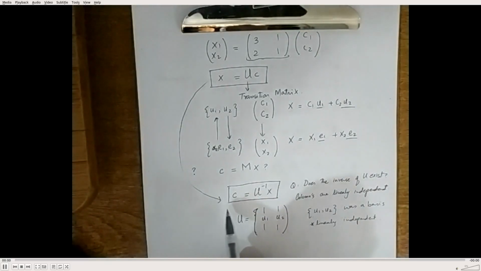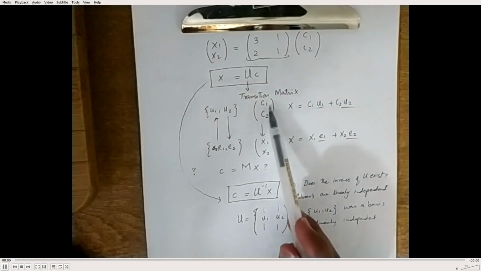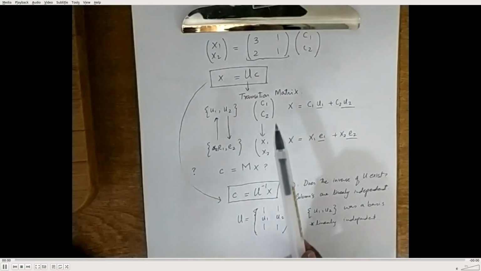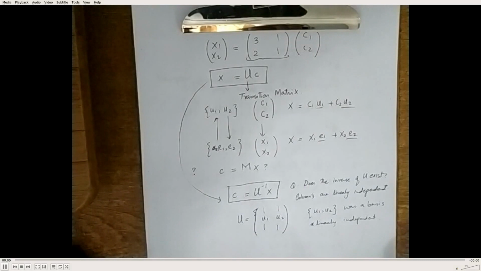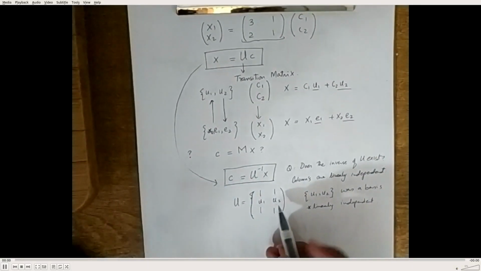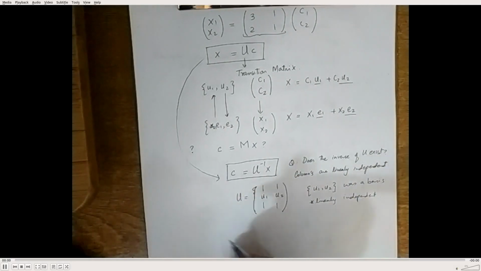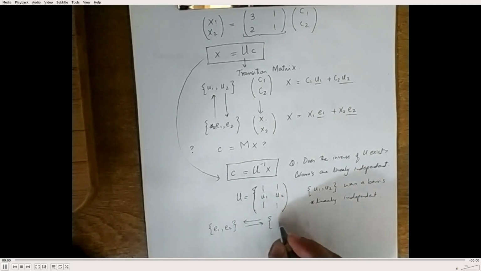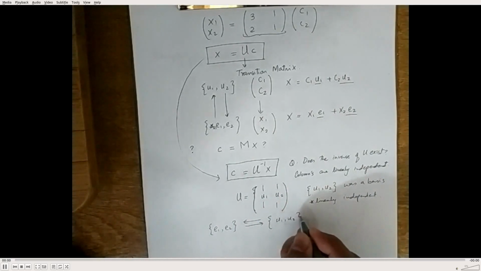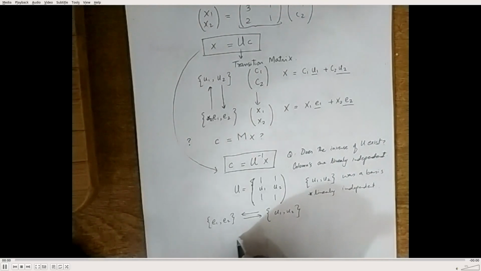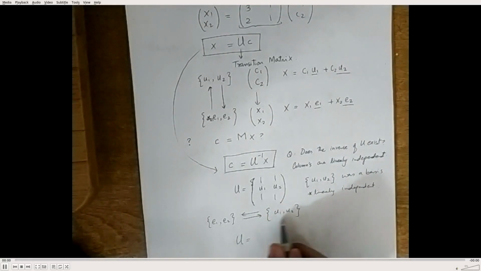And so you have a way to now go from coordinates C1, C2 to x1, x2 and x1, x2 to C1, C2. All you need to find is matrix U. You had this non-standard basis. So if I write it down in terms of steps, if I want to go back and forth between the standard basis E1, E2 and U1, U2, all you need to do is write down the transition matrix by taking the non-standard basis as columns.